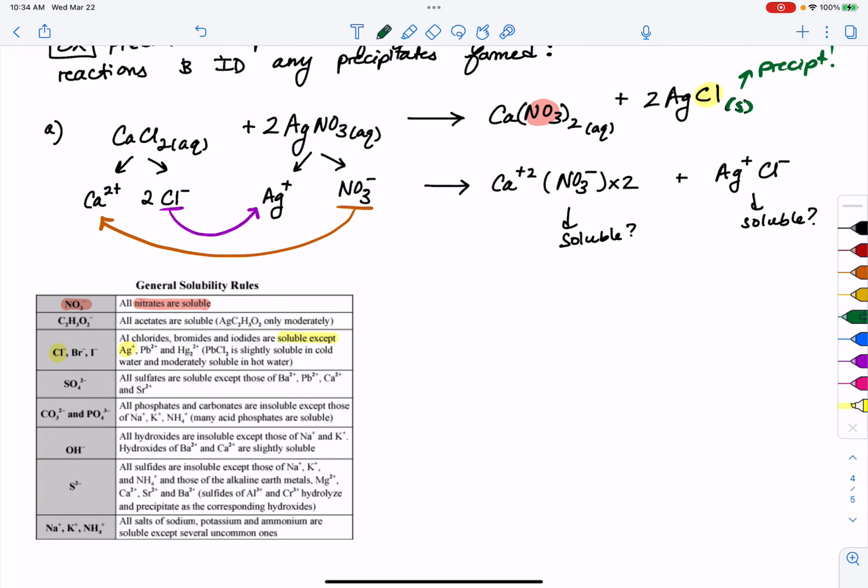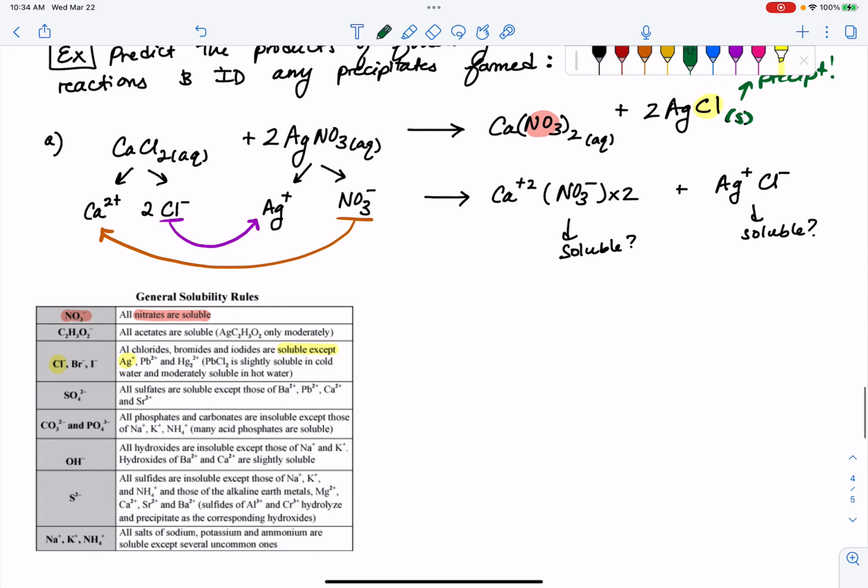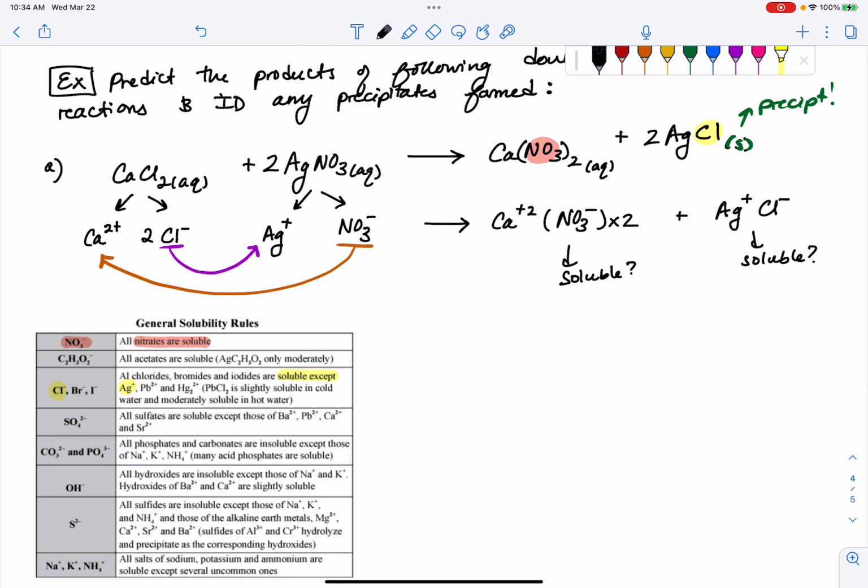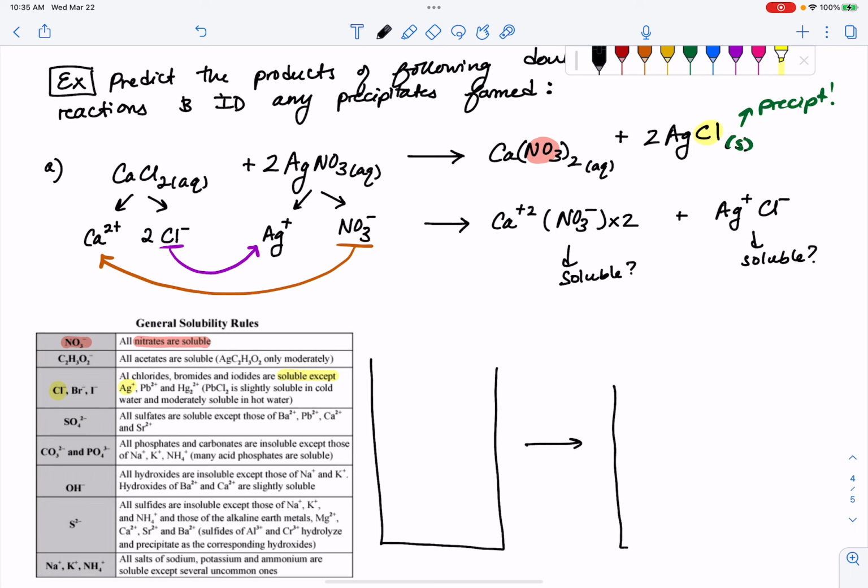In fact, I think it's a good practice for us to maybe draw the pre-reaction ion association beaker and then our post-reaction beaker. So let's look at pre-reaction and then post-reaction.